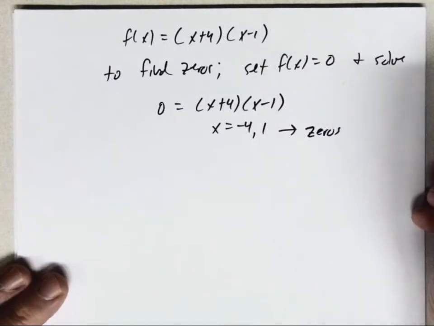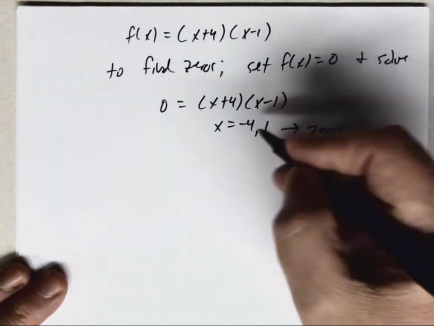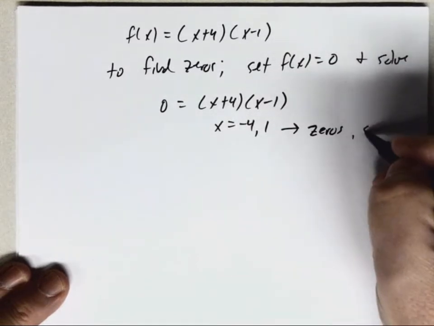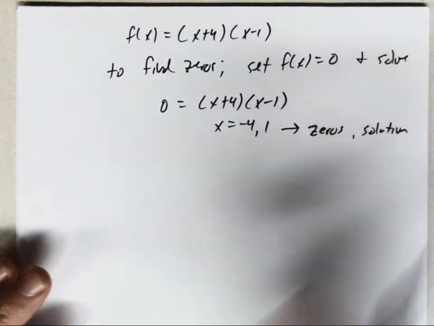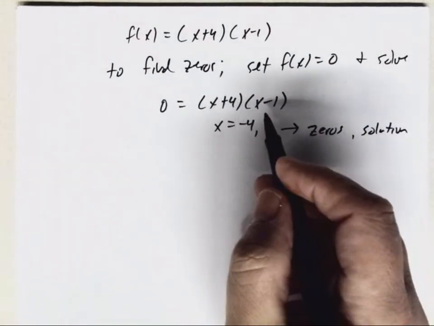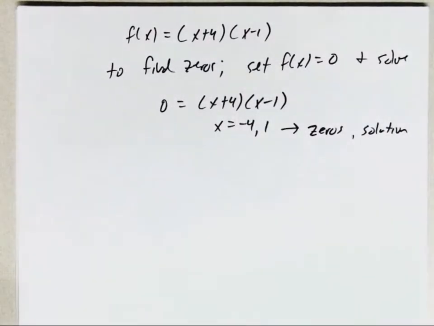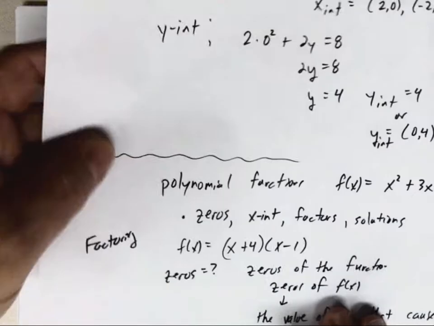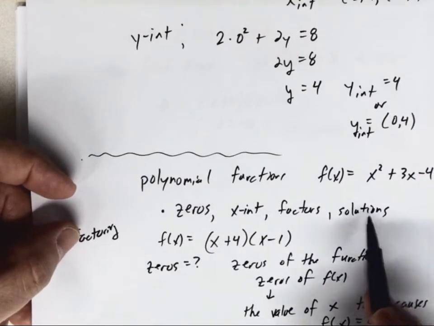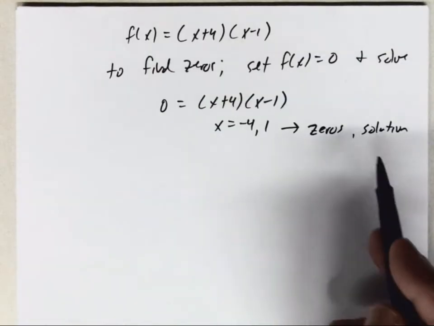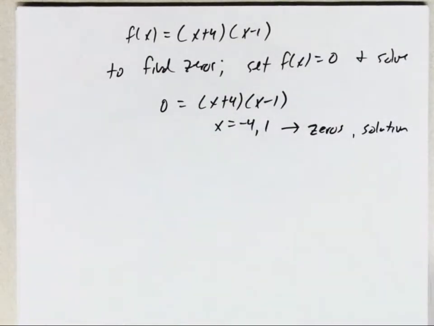Now I just said the word solution. These are also the solutions to this equation, and that was one of the things that they like to mention. I started with zeros, but one of the words here was solution, where you can see zeros and solutions are basically the same thing.